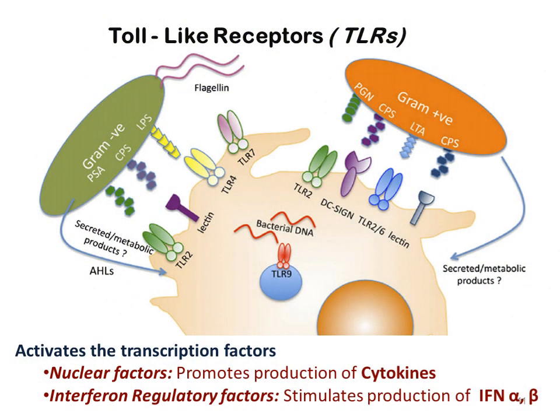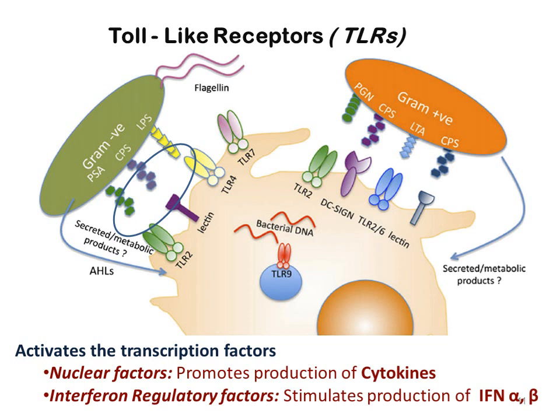And here you can see the toll-like receptors. The one below is the macrophage, and the macrophage will express the toll-like receptors. Gram-negative bacteria have polysaccharide antigen, capsular polysaccharide antigen, and lipopolysaccharide, and in the same way, gram-positive organisms also will have them. So the interaction between the receptors present in the macrophage and either gram-negative or gram-positive bacteria will activate transcription factors like nuclear factors, which promote the production of cytokines.